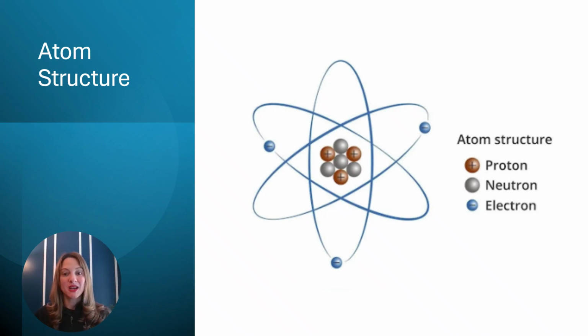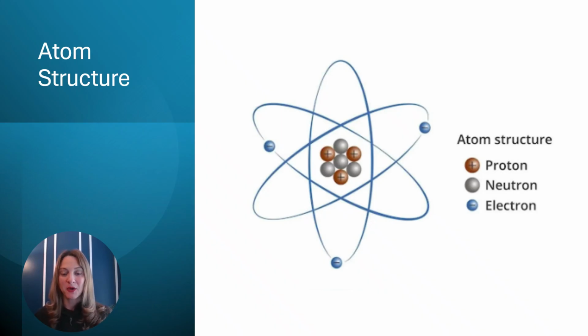Now, atoms are made from 3 basic components, and we are going to talk about each of them in a little bit more detail. The first, and you can see on the slide, it's kind of an orangish, brownish color, is the proton, and protons have a positive charge, and they are clustered together in the middle of the atom. We call that middle of the atom the nucleus.